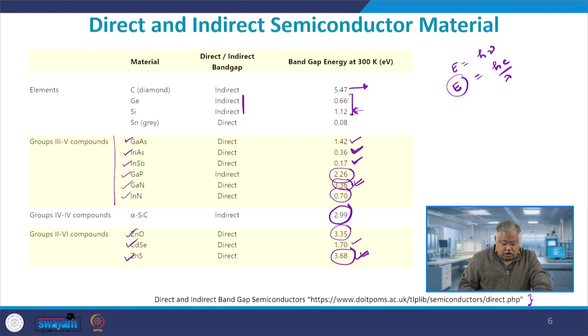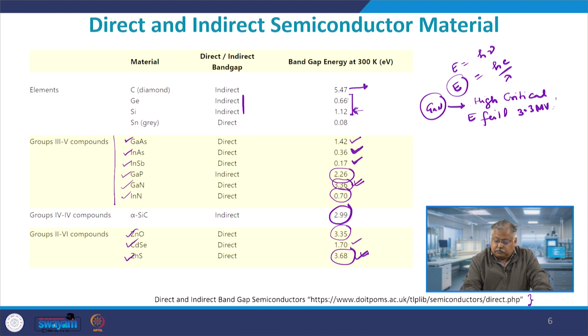Now, gallium nitride also has an exceptional property: it has a very, very high critical electric field, of the order of 3.3 megavolts per centimeter, and also a very large saturation velocity.